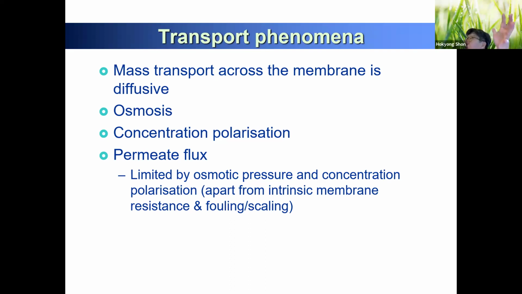So how many elements do you need in the pressure vessel? You just connect them like Lego: connect your elements in one pressure vessel, then several pressure vessels, and all the pressure vessels combine with one high pressure pump. The pressure vessels and elements, the membrane, that's the one unit you can design.